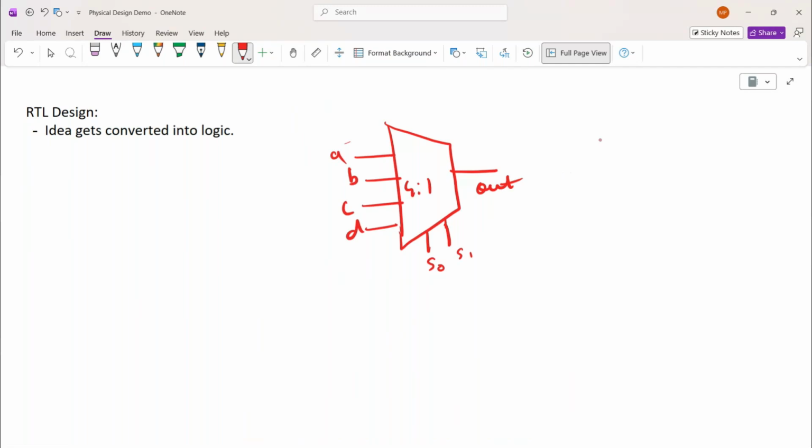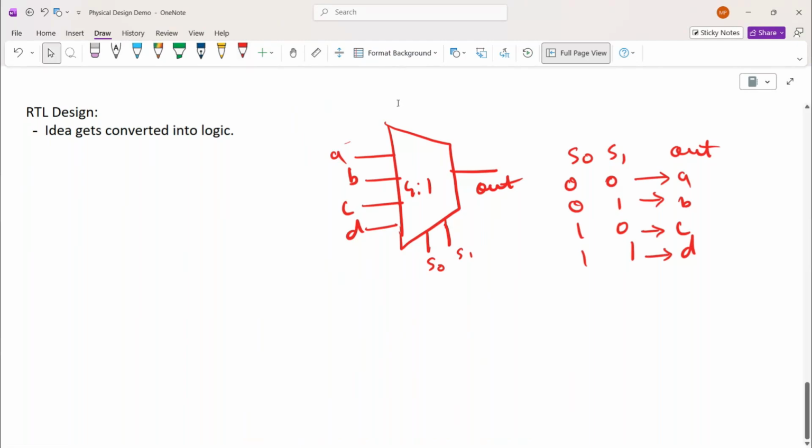It's a combinational circuit. There will be select lines S0 and S1. Two lines are there, four combinations: 00, 01, 10, 11. The output will be A, B, C, or D according to the select line. This is a simple mux, right?